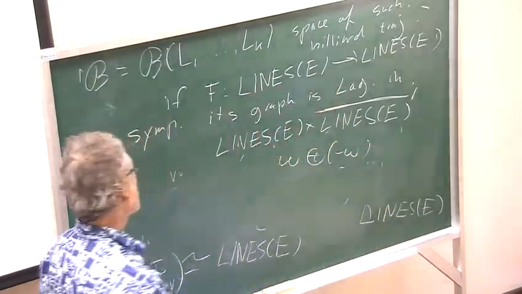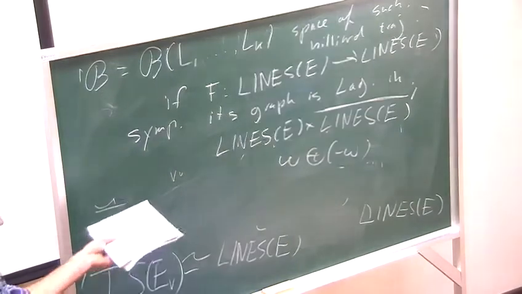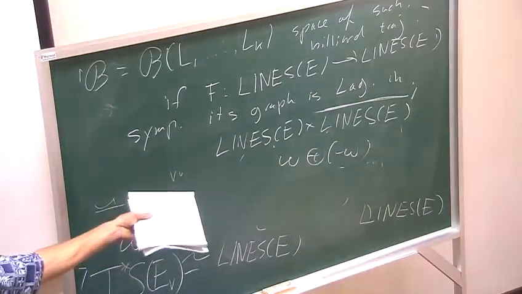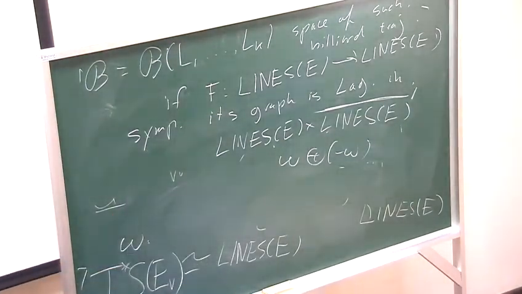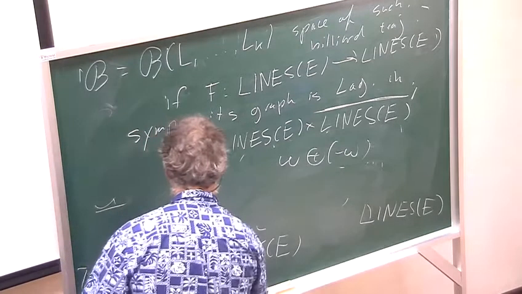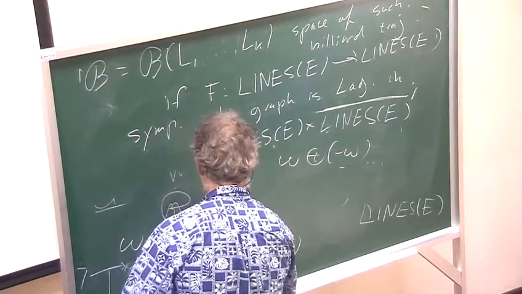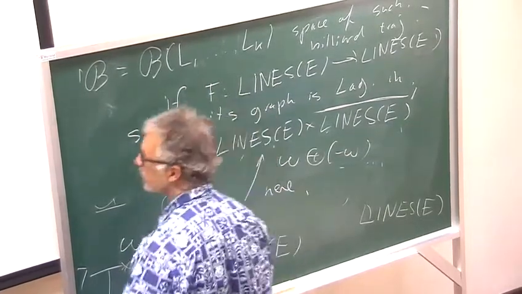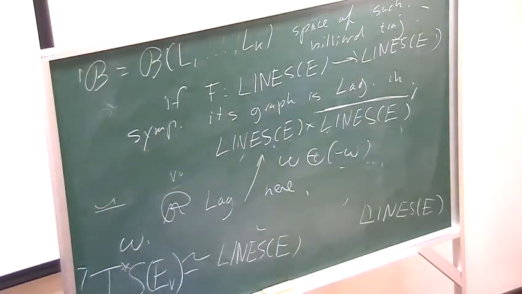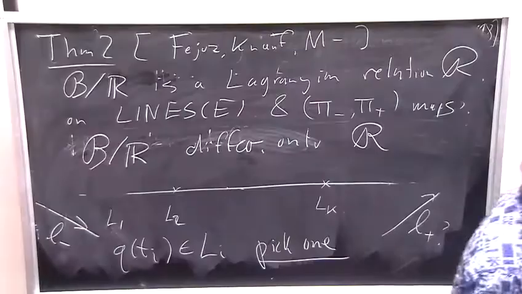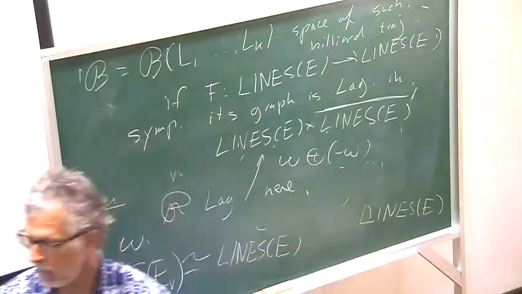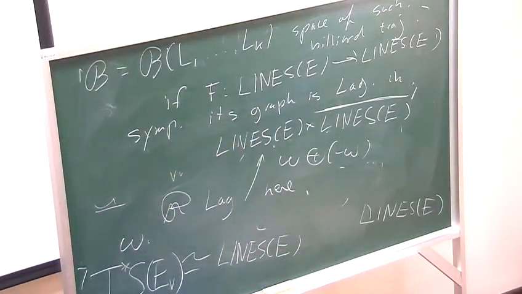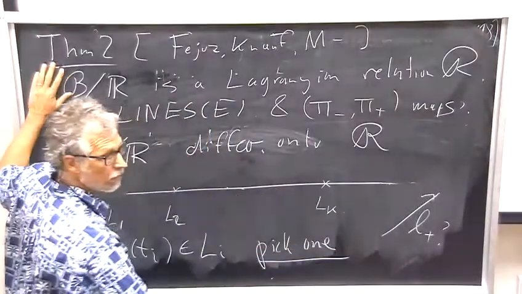So the graph of a symplectic map is a Lagrangian submanifold of the product, and that's what a Lagrangian relation is by definition. So R is Lagrangian here, and in particular we know its dimension. It's smooth, and its dimension is that. So that's this part of the theorem.